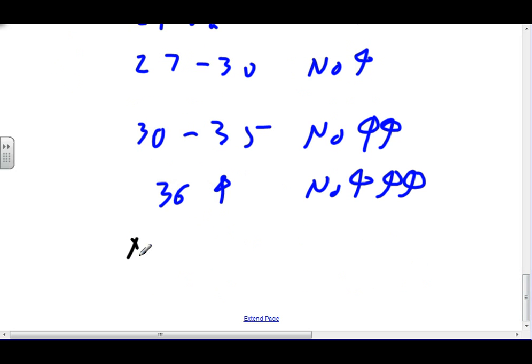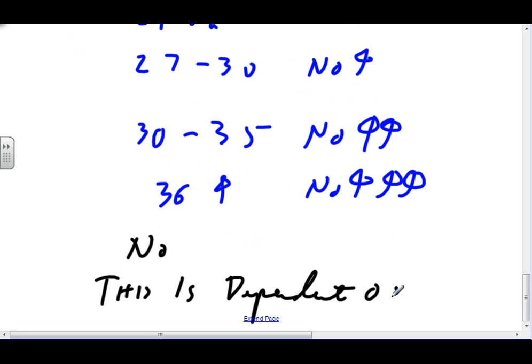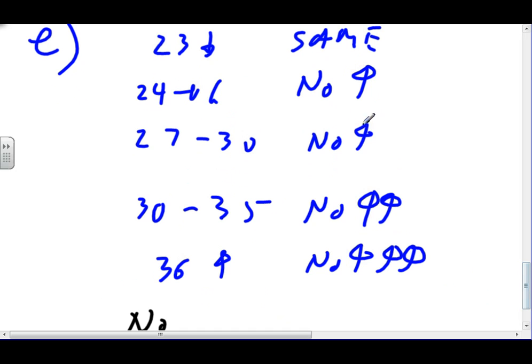This is dependent on age. As age goes up, you apply to fewer schools. And that makes sense. As we get older, we know what we want. All right, do I have another one? 59 is the last one. Let's hope for the best.